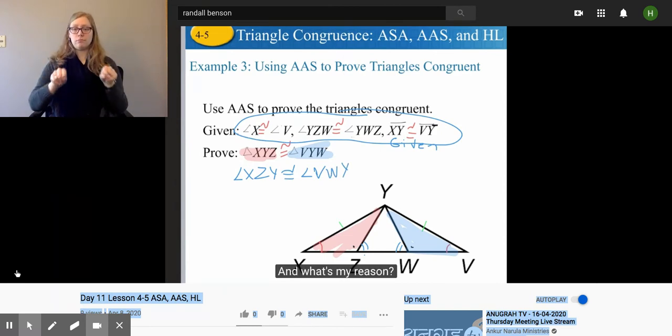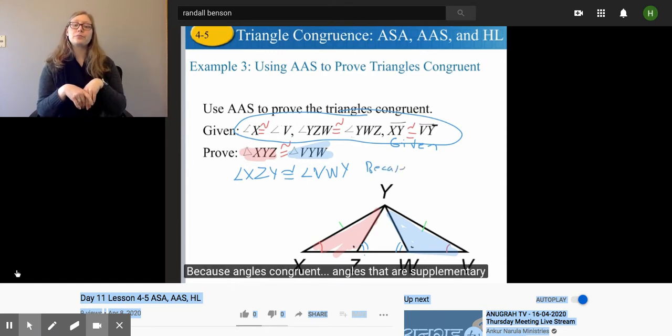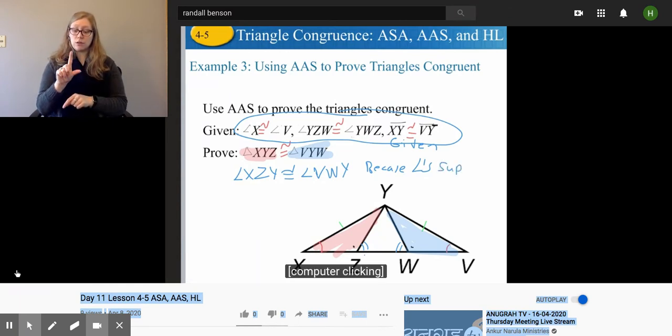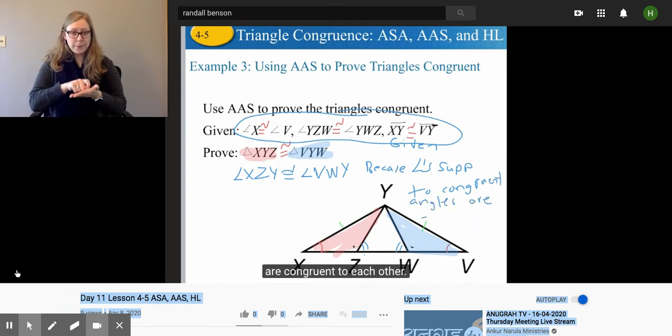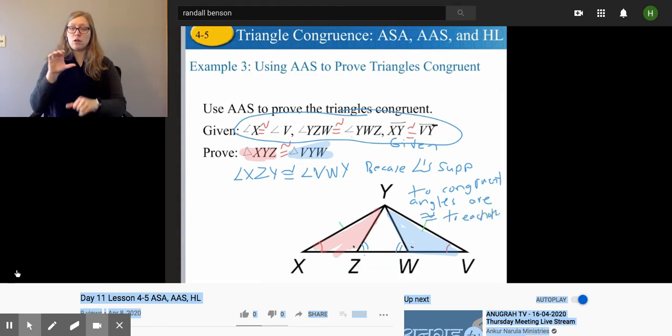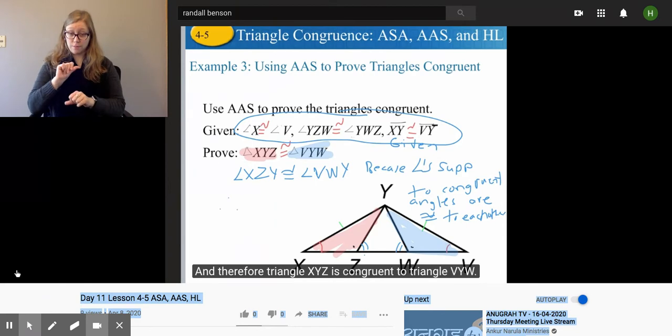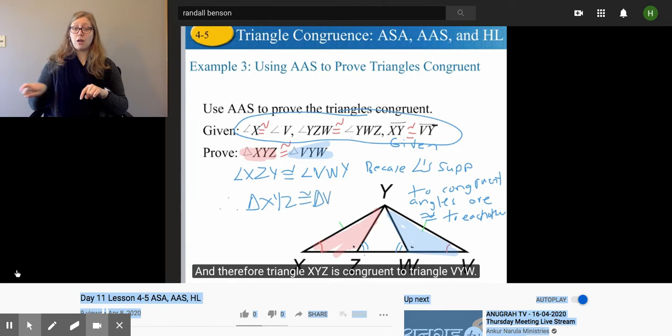And what's my reason? Because angles that are supplementary to congruent angles are congruent to each other. And therefore, triangle XYZ is congruent to triangle VYW.